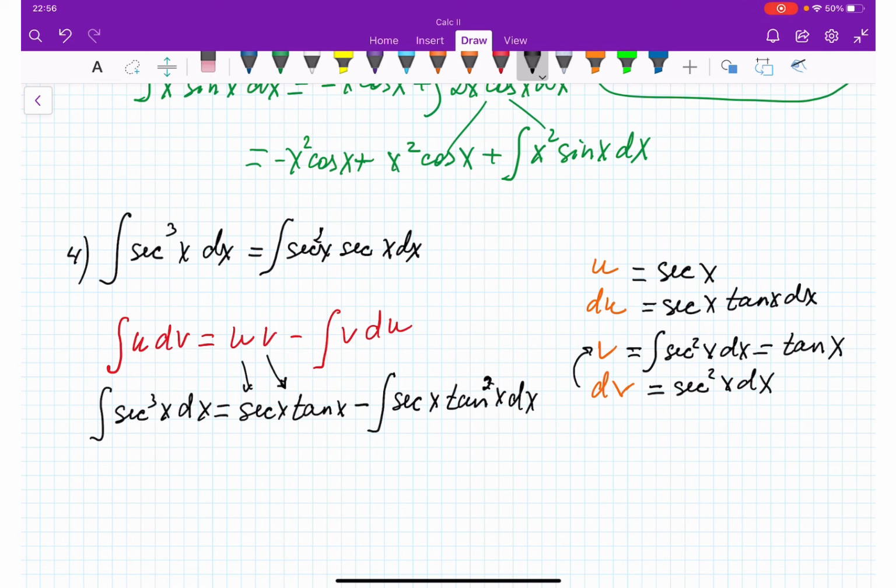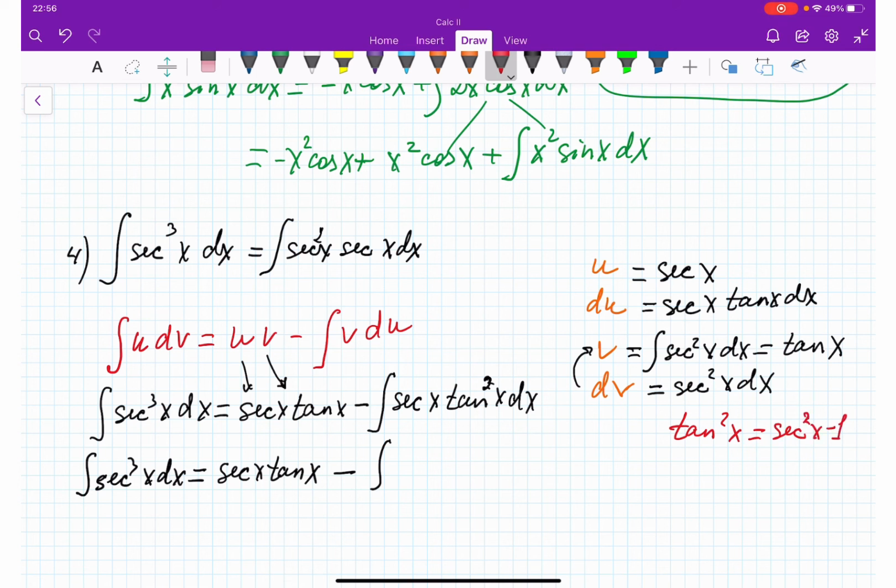So from here, we have integral secant cube x dx equal to secant x tangent x. Rewriting here, tangent square x is equal to secant square x minus 1, right?